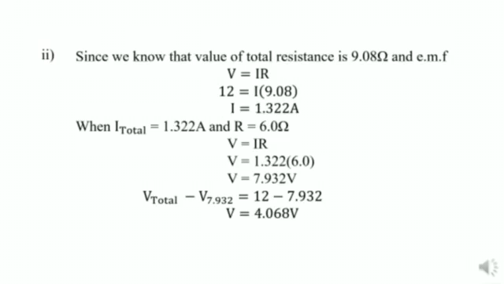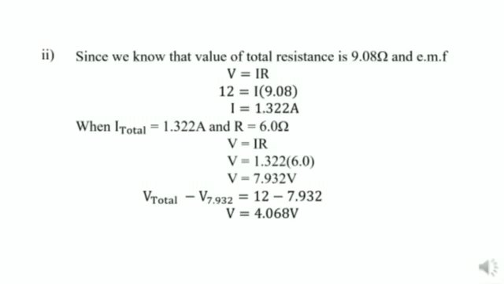When the total current is equal to 1.322 ampere and the resistance is equal to 8.0 ohms, we also use the formula V equal to IR to find the voltage.